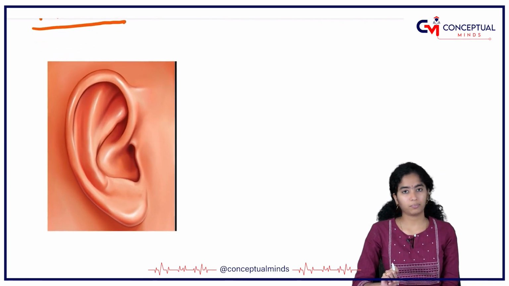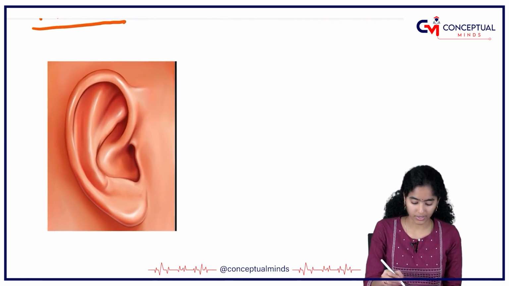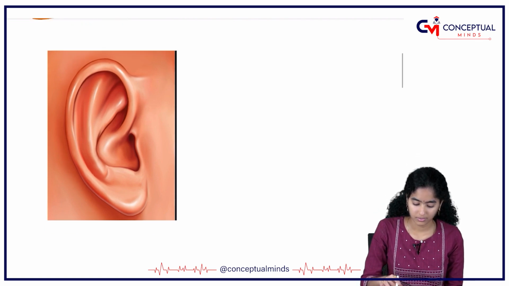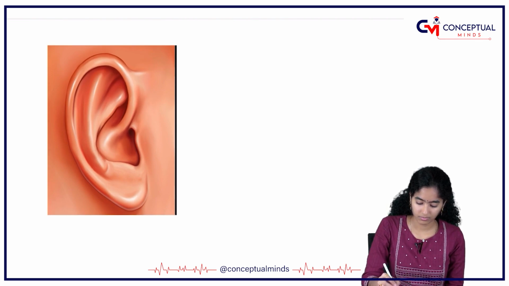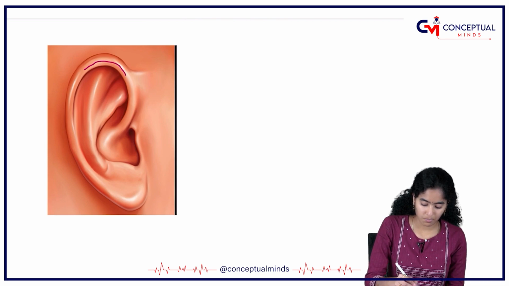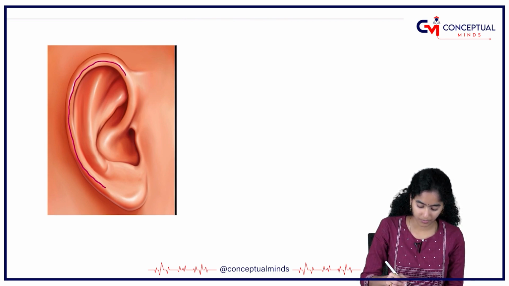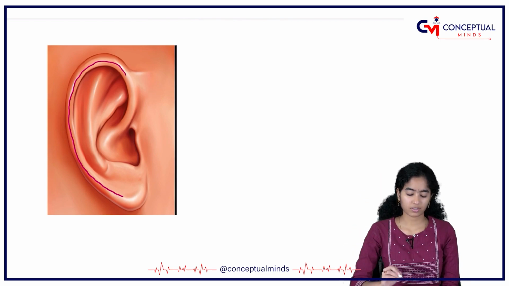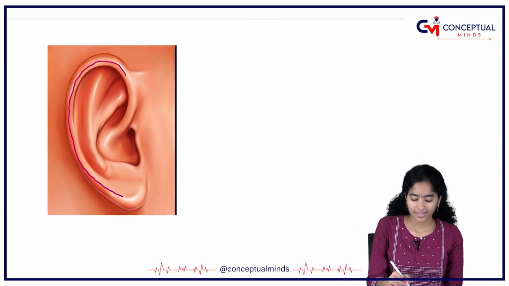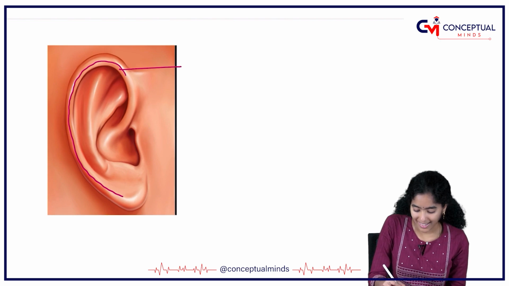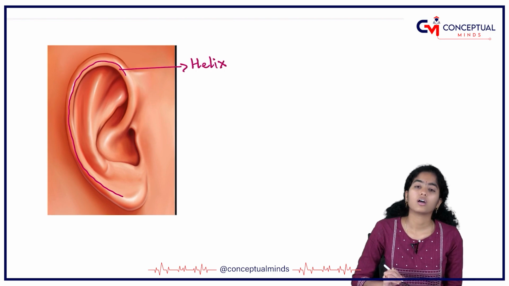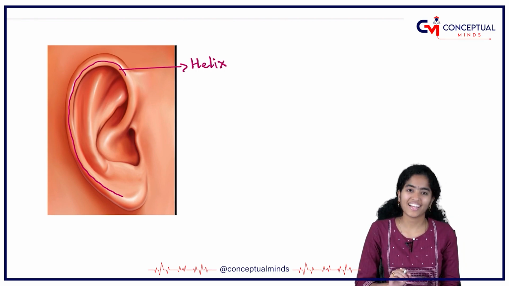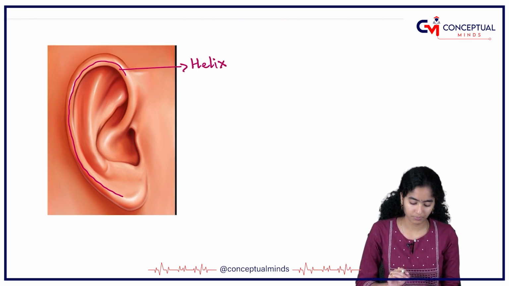So this is a beautiful image of the external ear, the auricle. This part that you can see here, the C-shaped cartilaginous part, is called the helix. It is one of the most prominent elevations seen in the auricle.